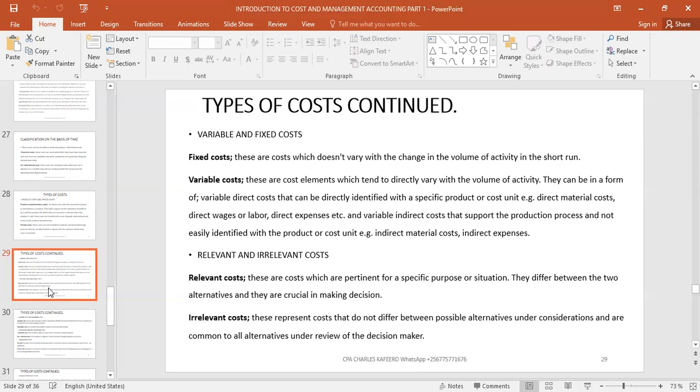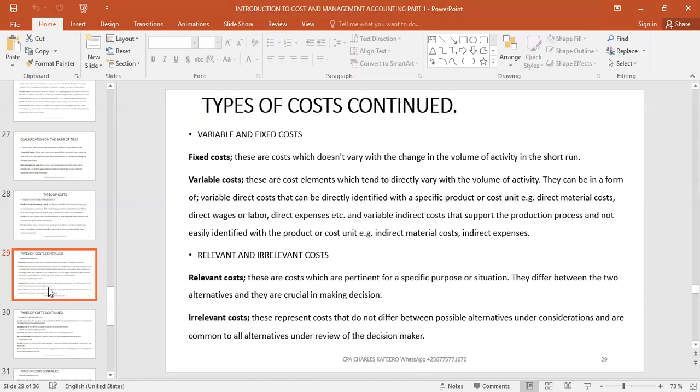So they don't differ from one product to the other. Whenever you are making a decision and you find costs which are incurred on this side and also on the other side, those are the irrelevant costs.